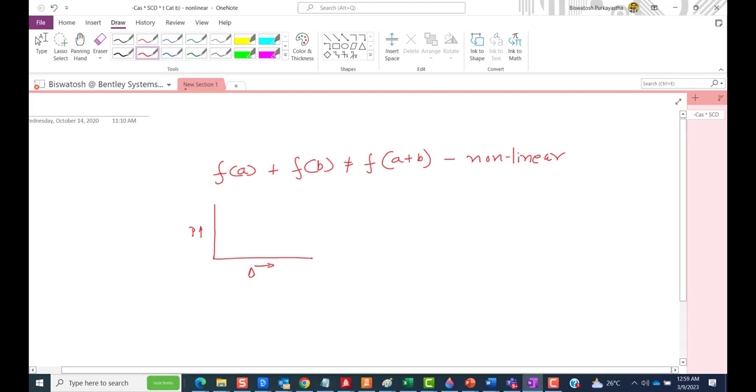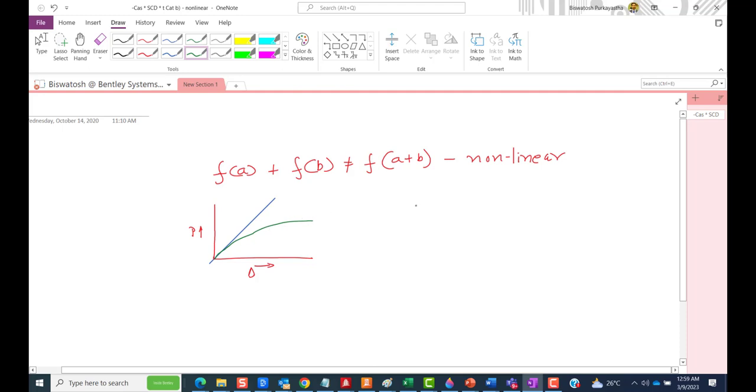If it is behaving linearly, it would be a straight line. But if it is behaving non-linearly, then it won't follow a straight line. It may go somewhat like this, anyway, but it's not straight. I have taken one of the situations where it might take this path.